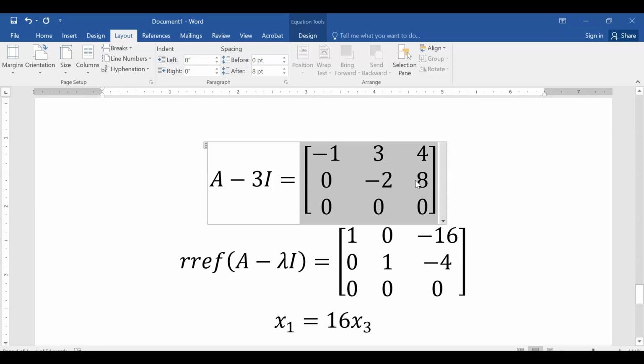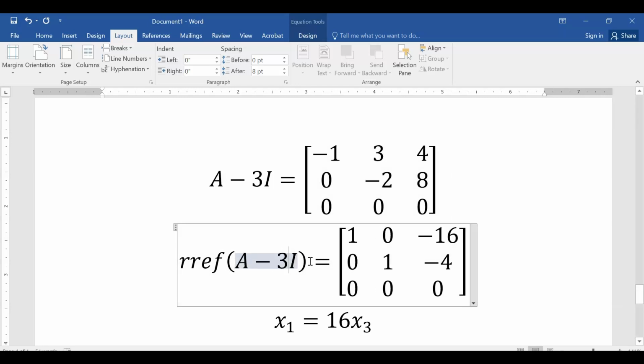The null space of this matrix is going to be the eigenspace of A with eigenvalue of 3. So I'm going to row reduce A minus 3I. I came up with this: 0, 1, negative 16, 0, 1, negative 4, 0, 0, 0.